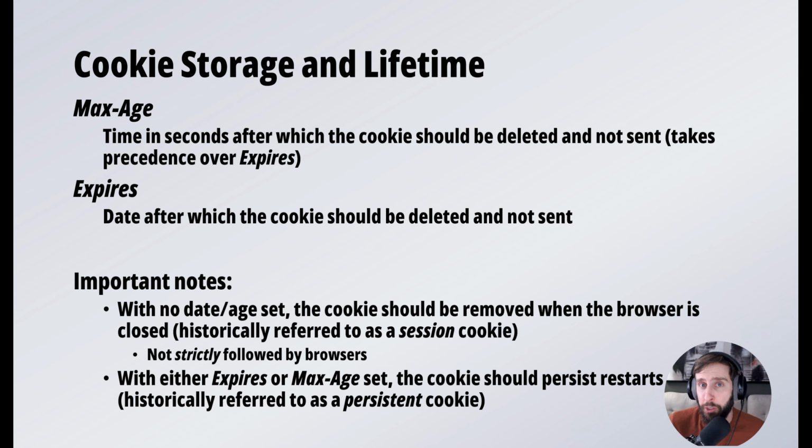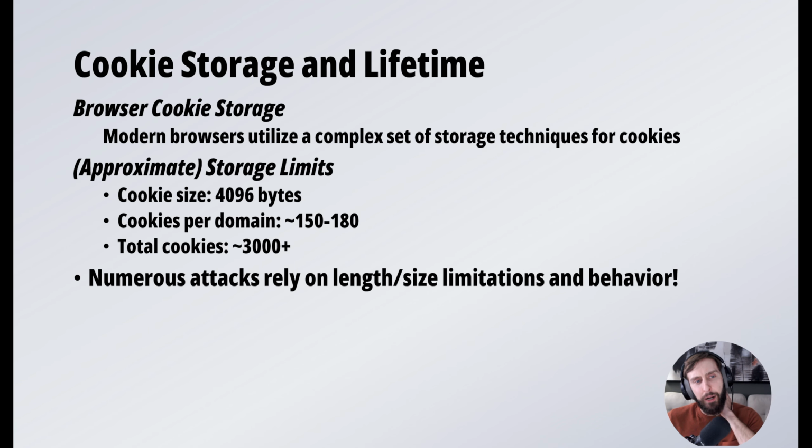Usually if someone says session cookie, they mean a cookie that is designated with managing a user's authenticated session and tracking their activity on an application. They don't mean a cookie that's going to be removed when a browser is closed. Also, a behavior that might not strictly be followed by browsers. So also worth keeping in mind. Hence the reason why I think, in part, these mechanisms are not so important to focus on from a security perspective outside of certain rare situations.